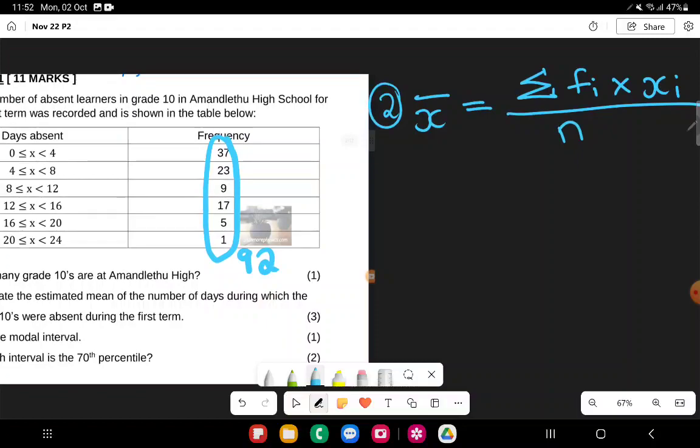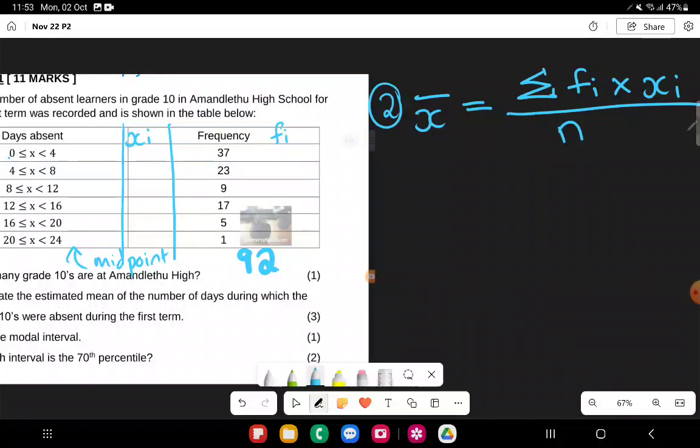Fi is going to be this over here. And then Xi we need to create, and this is your midpoint of the interval.